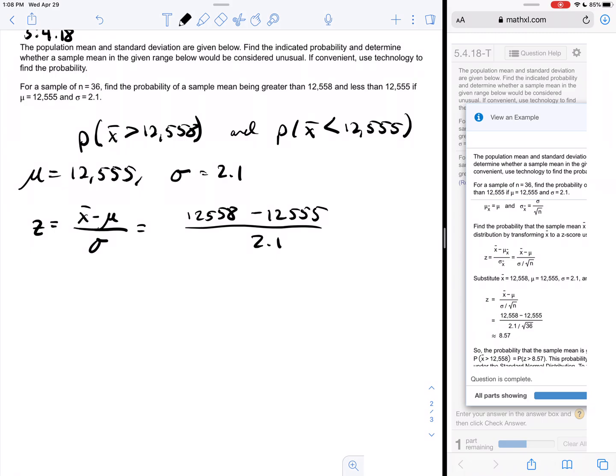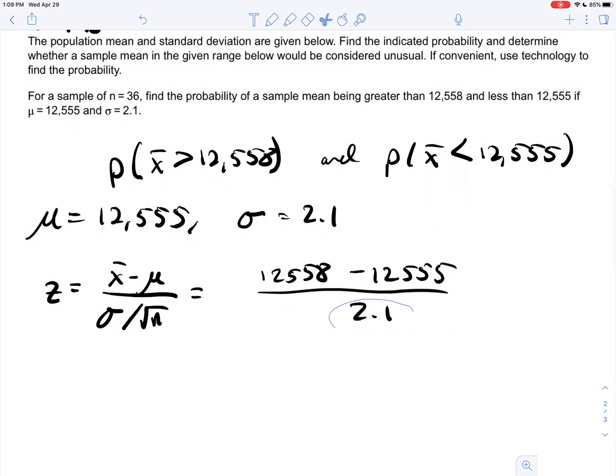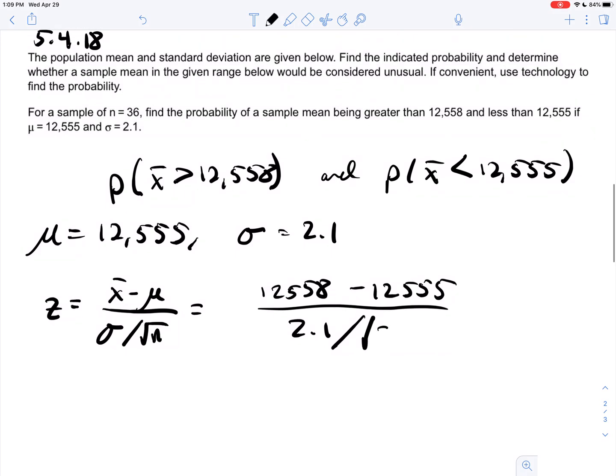Divided by the square root of n, right? Because we're doing a sample mean. Yeah, square root of n. So right here, I forgot my divided by the square root of n. So we're going to say divided by the square root of 36.